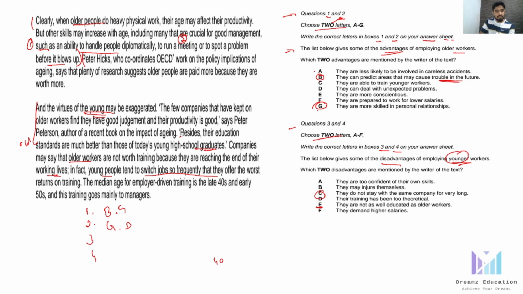Older workers' education standards are much better than high school graduates. So here they are talking about younger workers' education, that they are not as well educated as older workers. So I guess this has some resemblance. So we can write it as option C and option E, in any order. You can write C, E, or E and C. Fine. So this is the method.